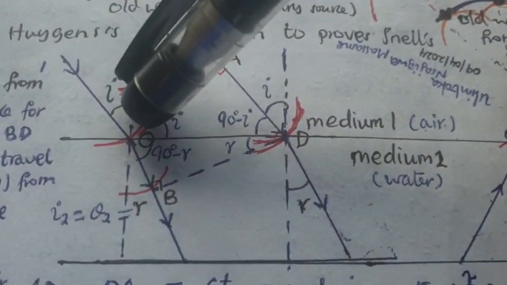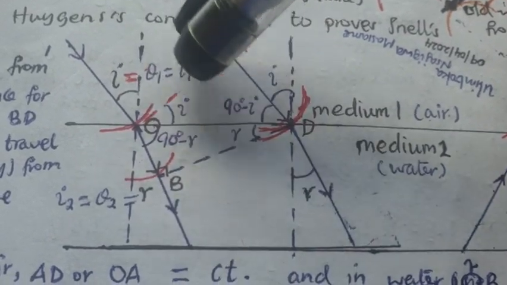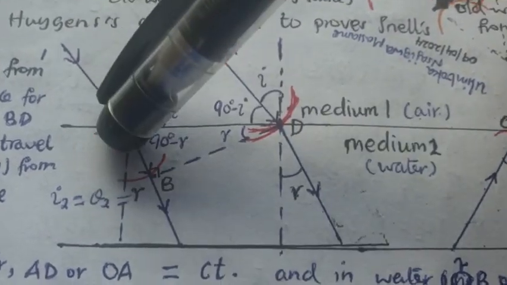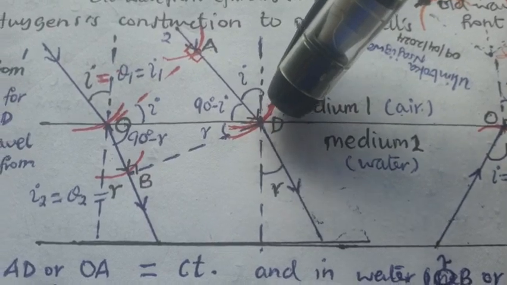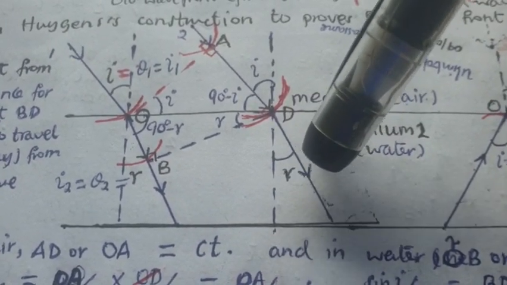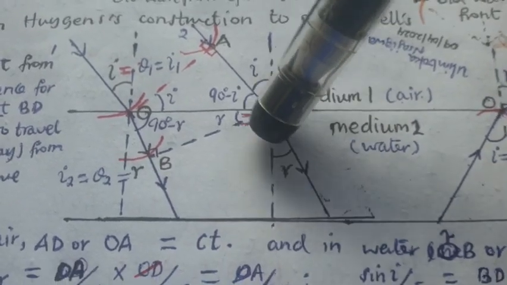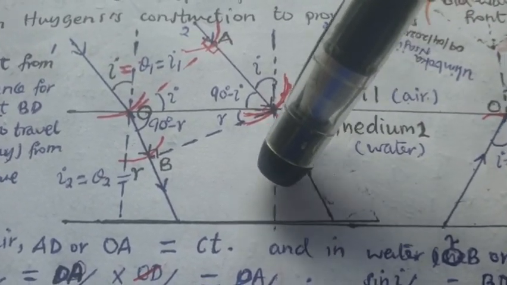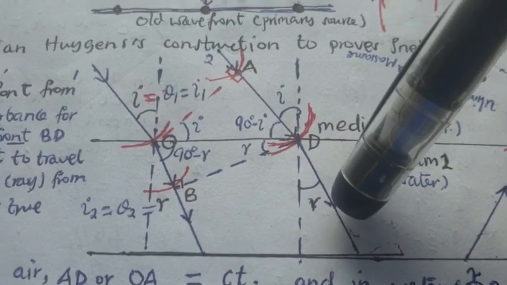The incidence angle is always measured from the normal to the incident ray, and the refracted angle is always measured from the normal to the refracted ray. That is where we get the refracted angle.